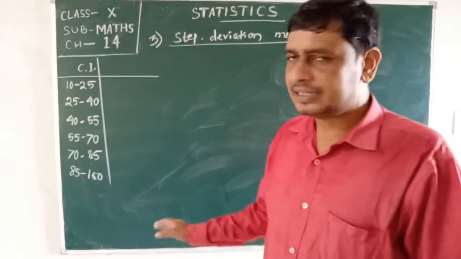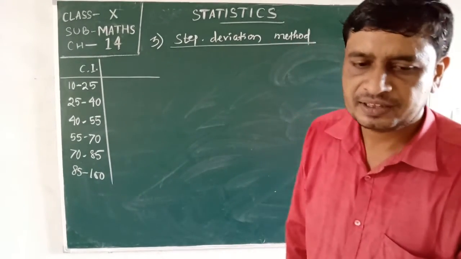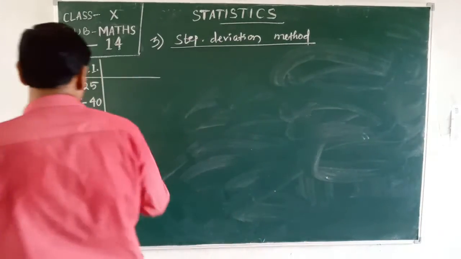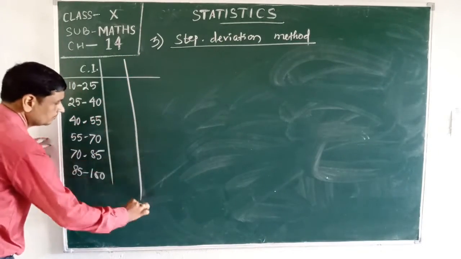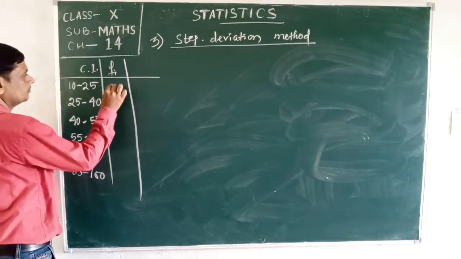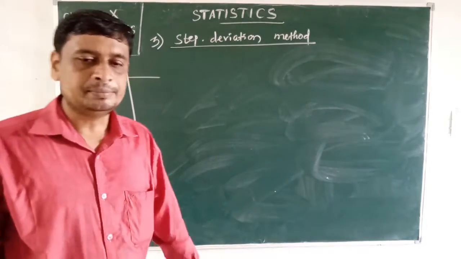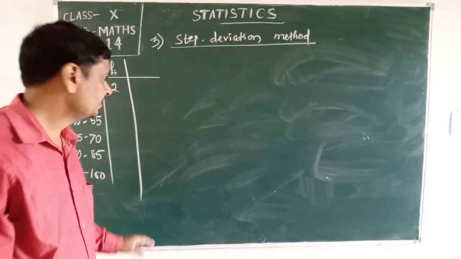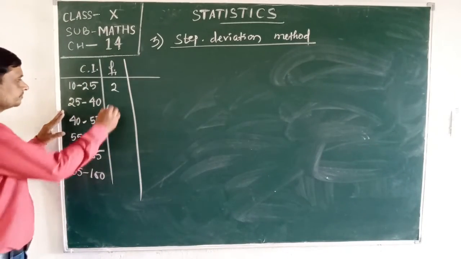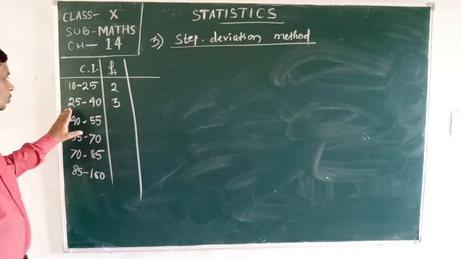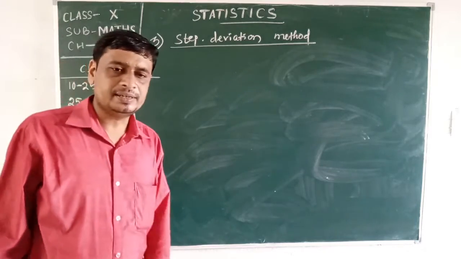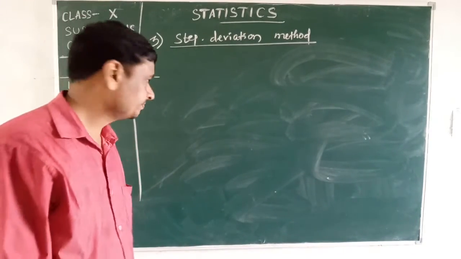And the frequencies of all these classes are given. For the class 10 to 25, the frequency is 2. For the class 25 to 40, the frequency is 3.